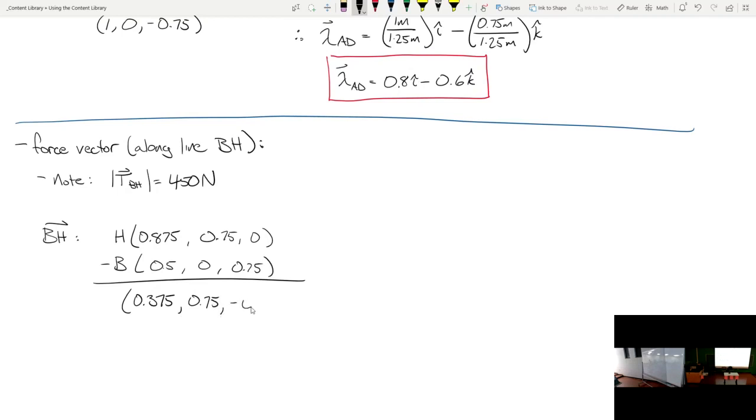And then that's negative 0.75. So therefore, BH is 0.375 I plus 0.75 J minus 0.75 K. And that is in meters.